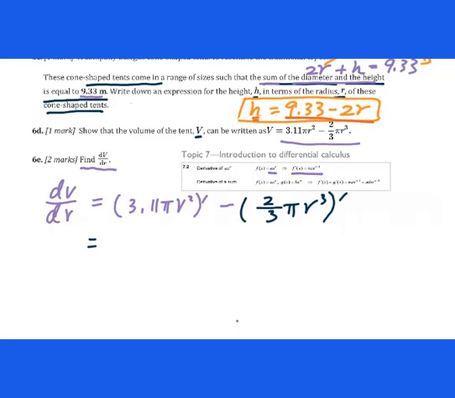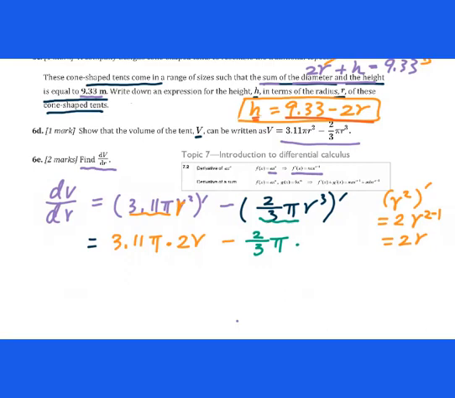If the coefficient stays, therefore 3.11 pi stays, r squared, you will get 2r, 2 minus 1, that is 2r. So multiply by 2r, minus. Always take out the coefficient, 2 over 3 pi, you stay.